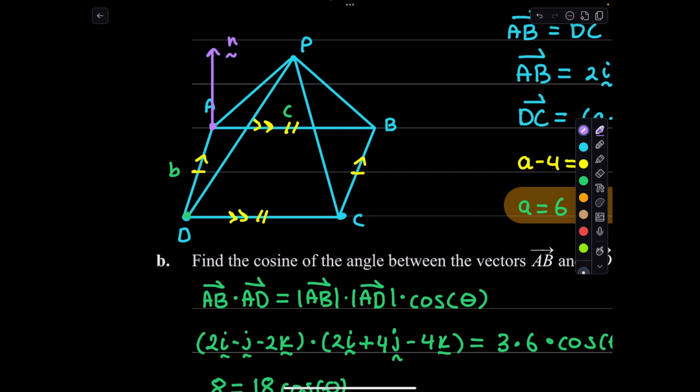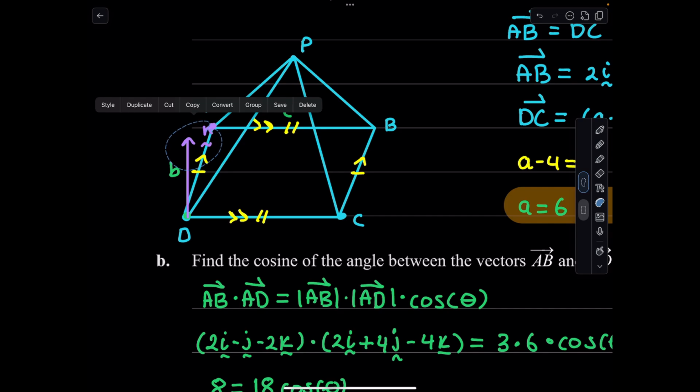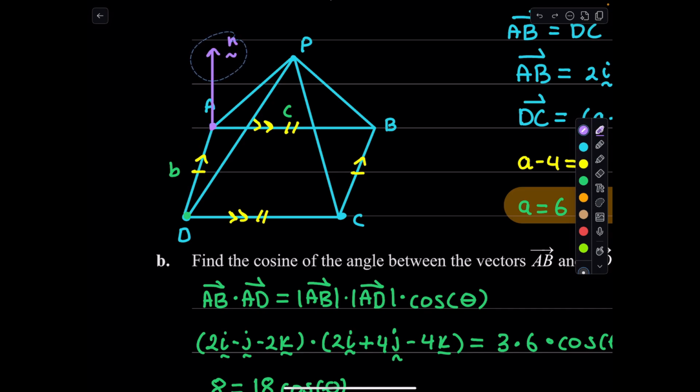And it's also perpendicular to AD. Can you see how AD is here, this vector here? They are perpendicular also. So your n vector is perpendicular to both.